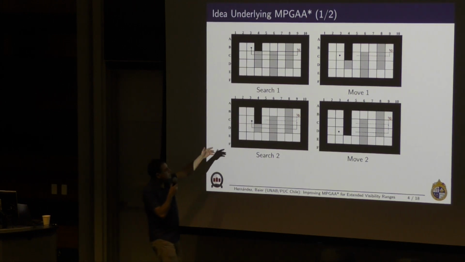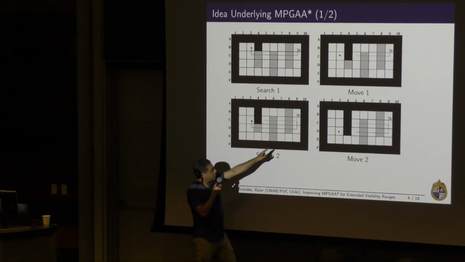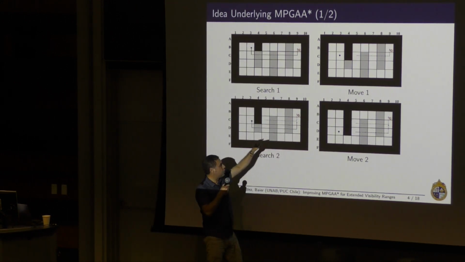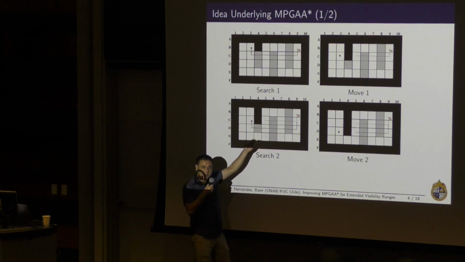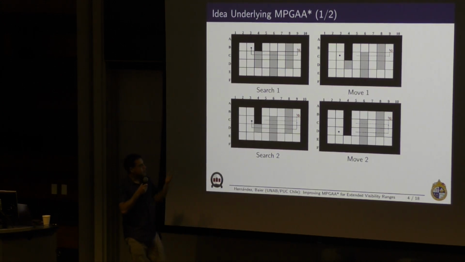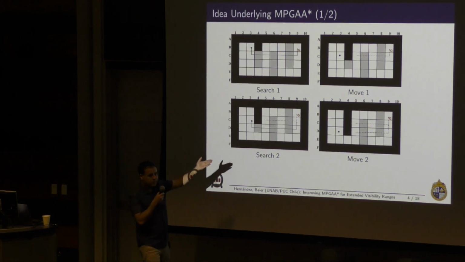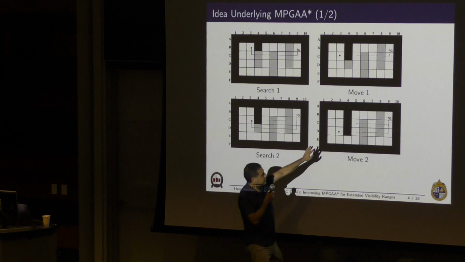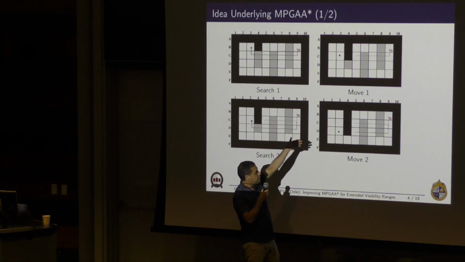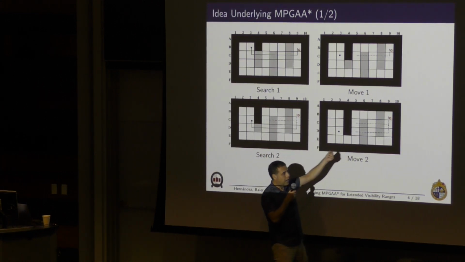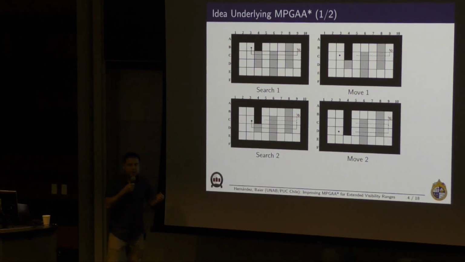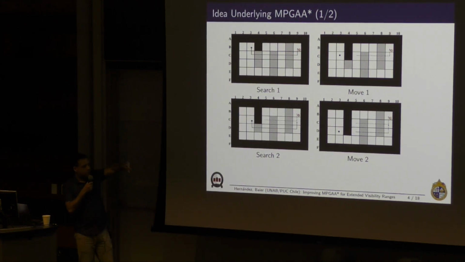And what is the idea? The idea is that we can reuse this part of the previous search. For instance, in the second search, the search stopped early in this part because we have the previous search. We keep the previous search, and so on. For instance, this is multipath because the algorithm generates a tree rooted in the goal from many paths.